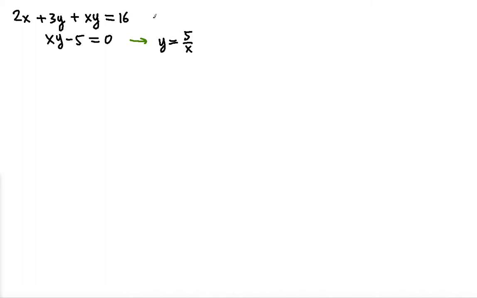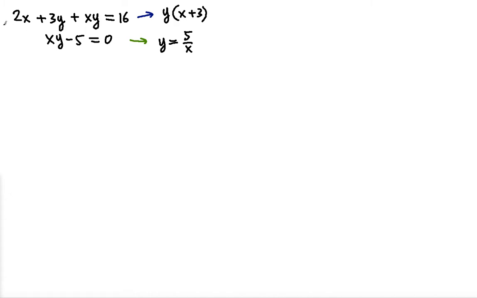Well, notice that you can actually factor out the y for the second and third terms on the left side. So you're going to have y being multiplied by x plus 3. Right? You're just factoring out the y. So y is taken out as a common factor of these two, and you get x plus 3 as the resulting second factor.